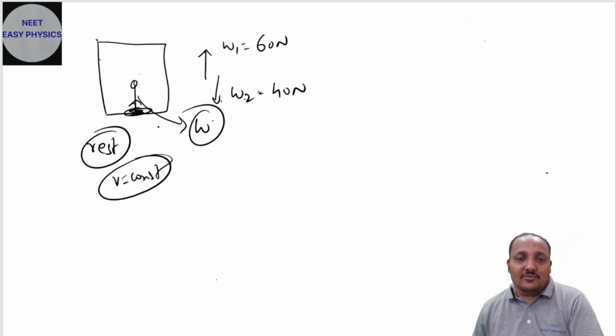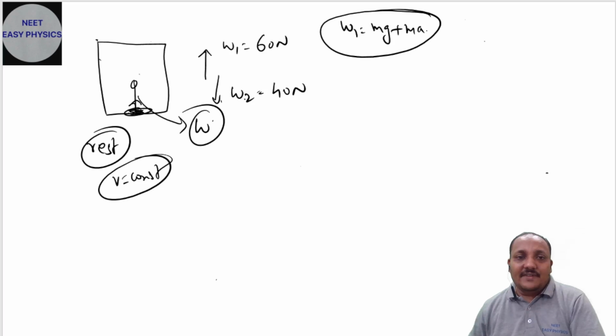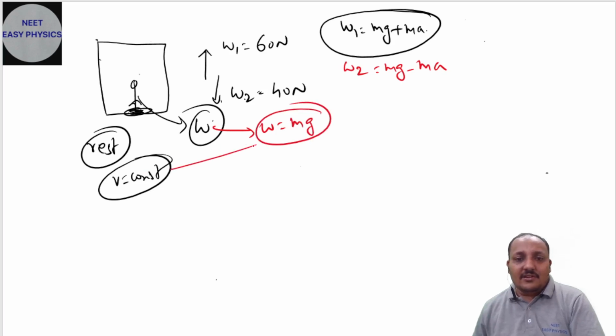At that time, how to do it? When the lift is moving upwards, W1 is equal to, what is our formula? mg plus ma. When the lift is moving downwards, W2 equals mg minus ma. When the lift is at rest, W equals mg. Whether constant velocity or rest, both are the same.